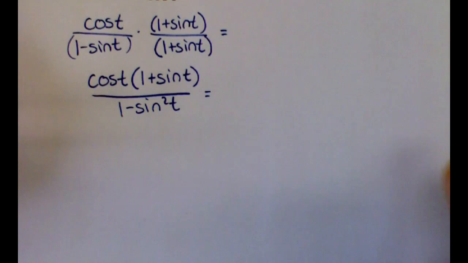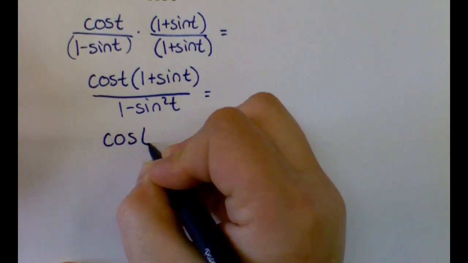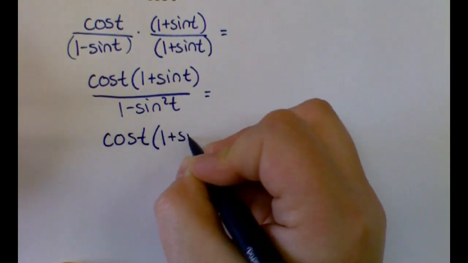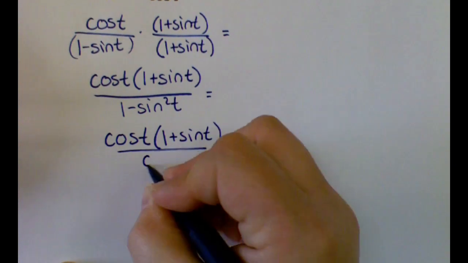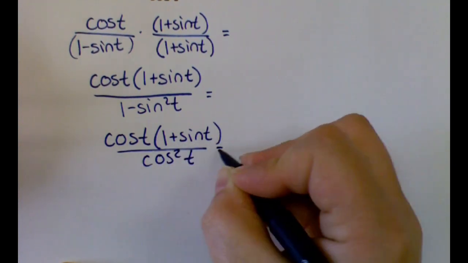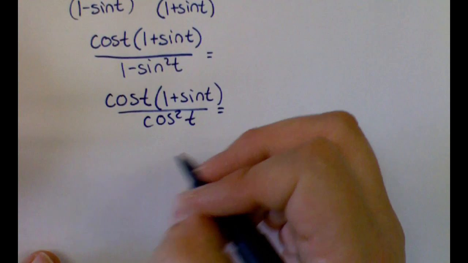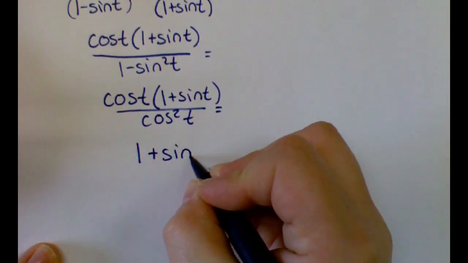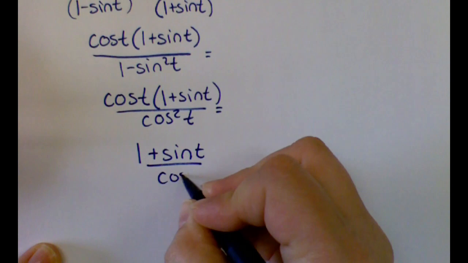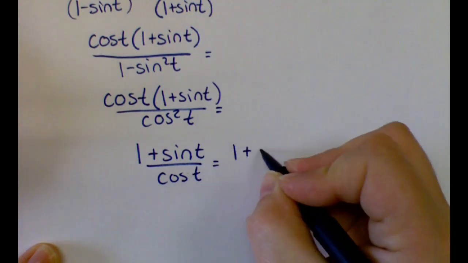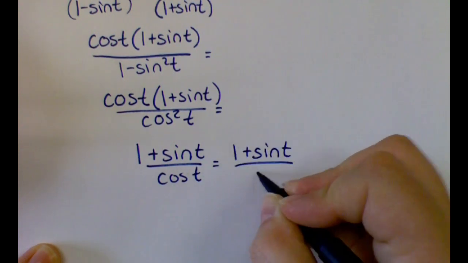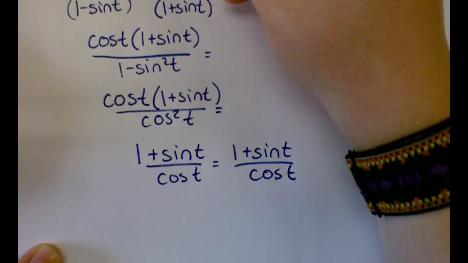And look at that, 1 minus sine squared is cosine squared. And one of my cosines cancels, giving me 1 plus the sine of t over the cosine of t, which is exactly what I want.